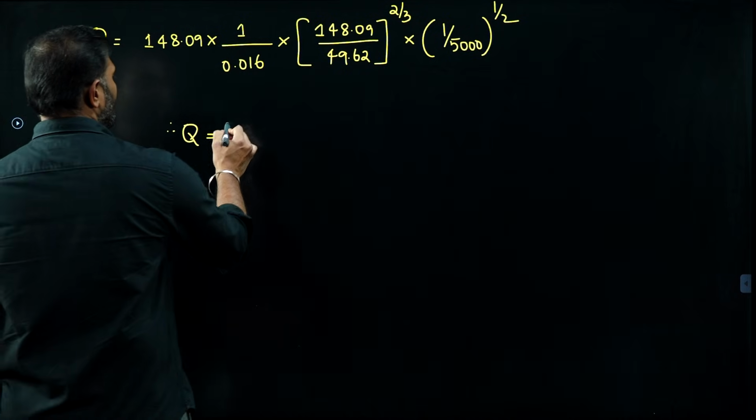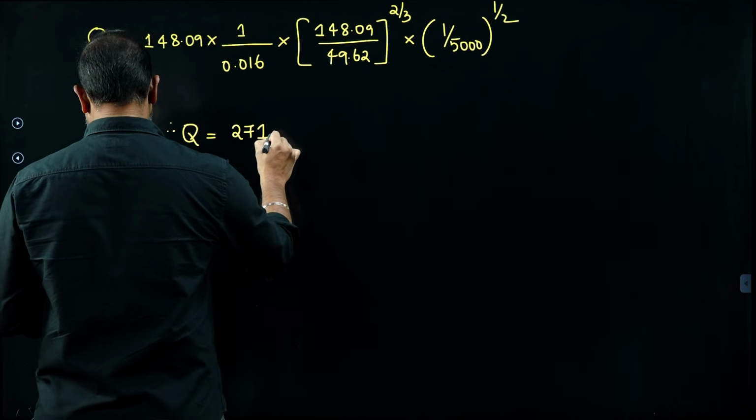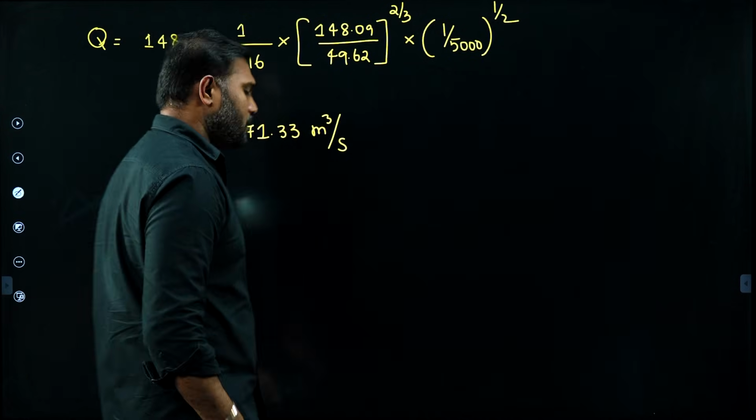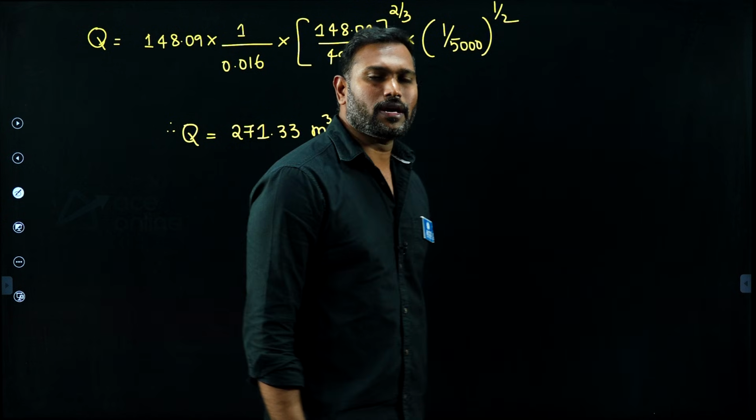So you solve this, whatever the discharge that is going to be carried is 271.33 meter cube per second. That much amount of the discharge you are going to calculate.